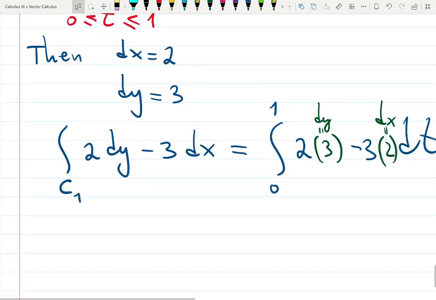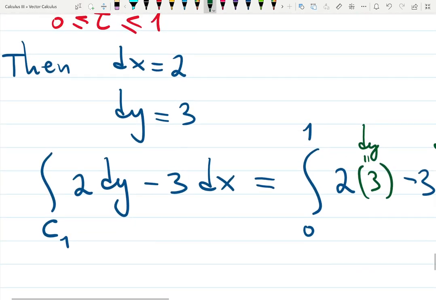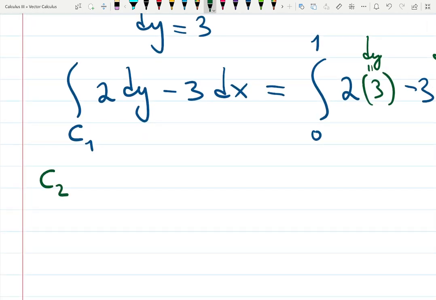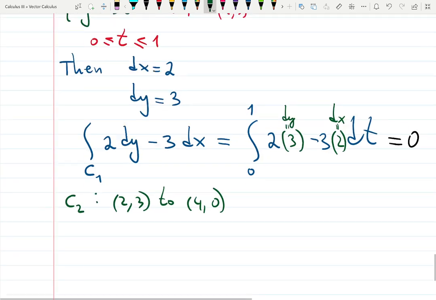Let's do the second one. It's only C1. Now C2, in green. Then we changed the way we walk. We were walking from 0, 0 to 2, 3. And from 2, 3, we start walking to 4, 0. Okay, so we're continuing the path.